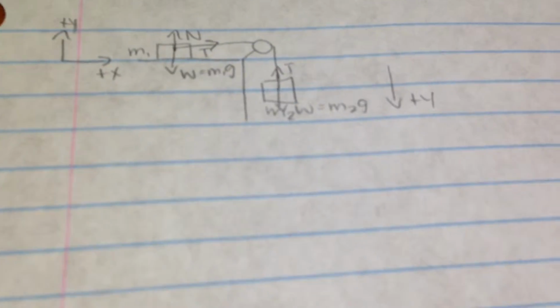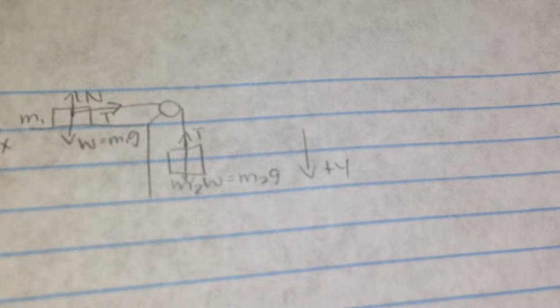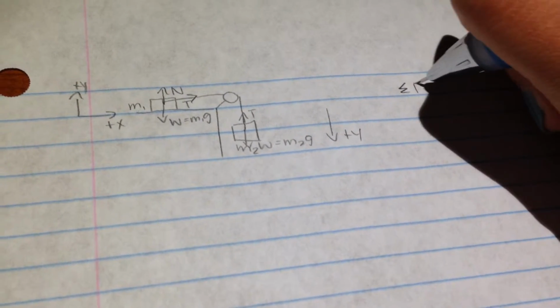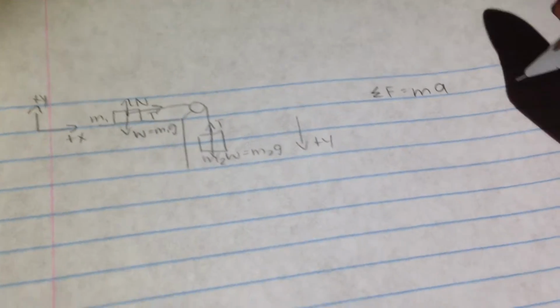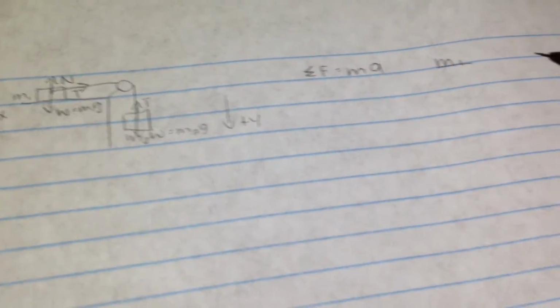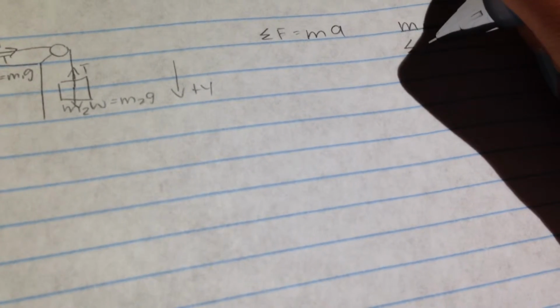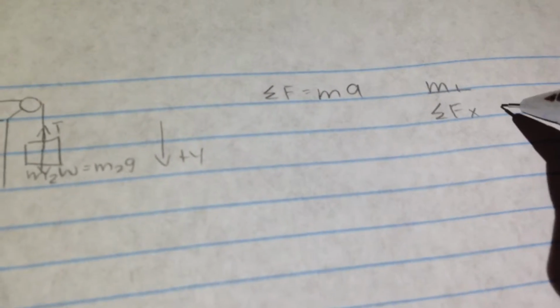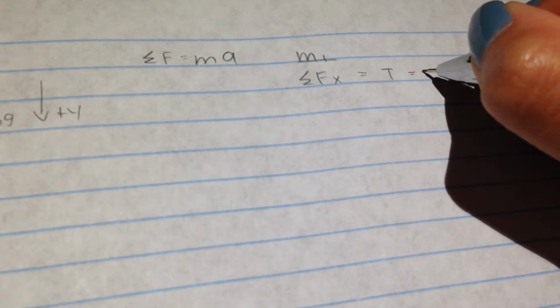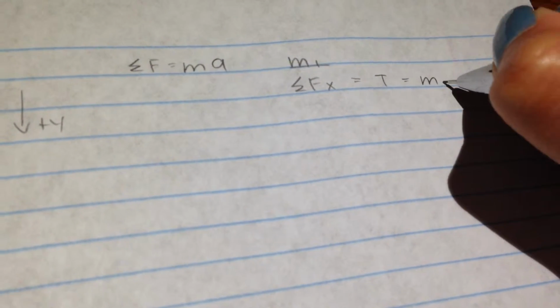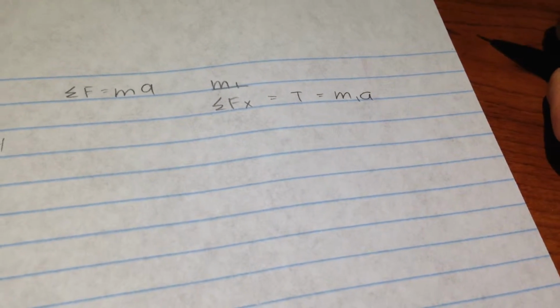And then after that, you can start with M1 for the formula. First you should write force equals MA. So for M1, the sum of the forces in X equals tension, which equals mass 1 times acceleration.